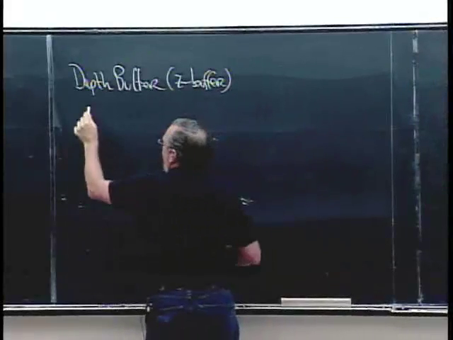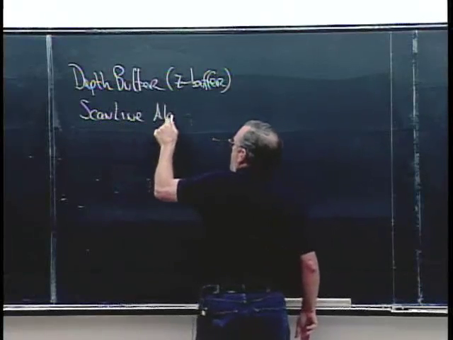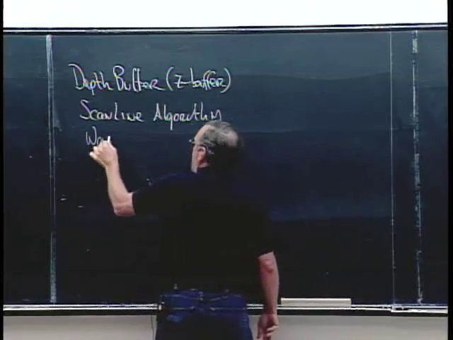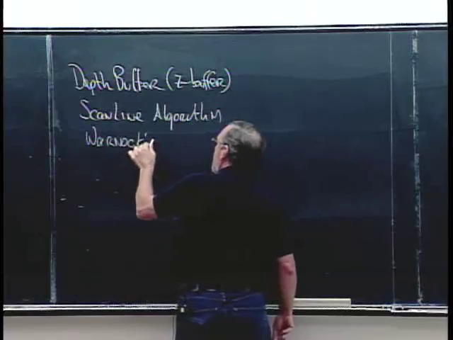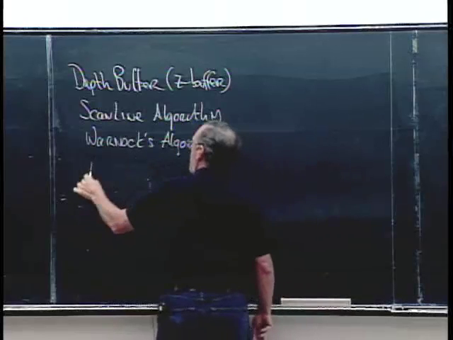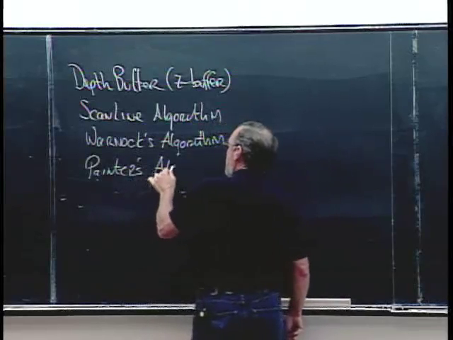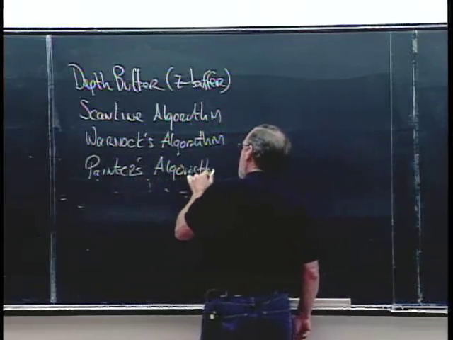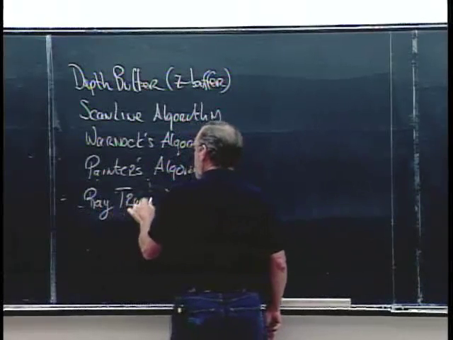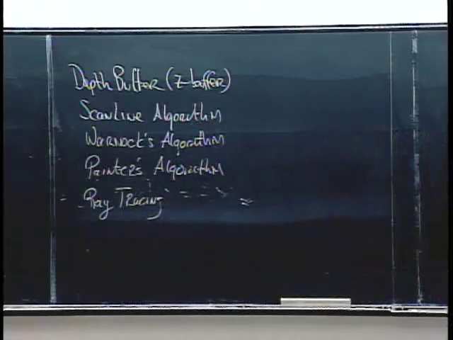There's one called the scan line, one called Warnock's, one called Painter's, and there's ray tracing. These are the 5 basic algorithms that people use.